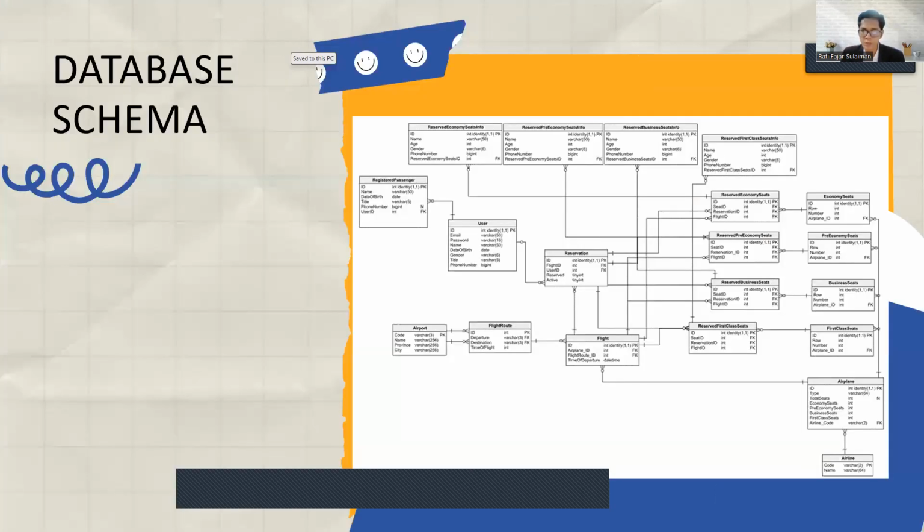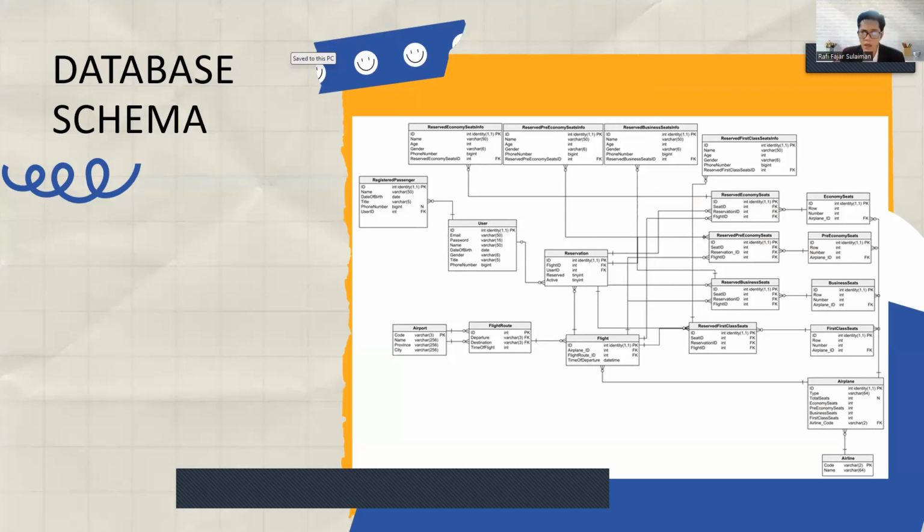Next, we have our database schema. First, we have the user table. That is the database, the data for the user, which has emails, password, names, date of birth, gender, title, and phone number.